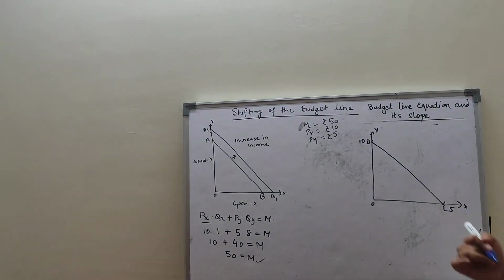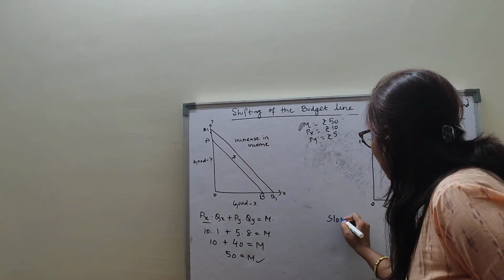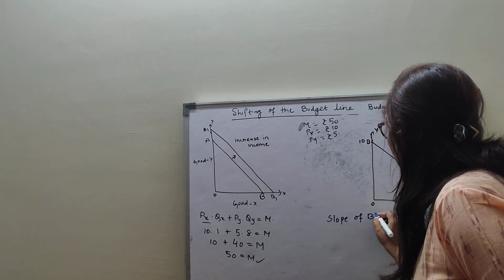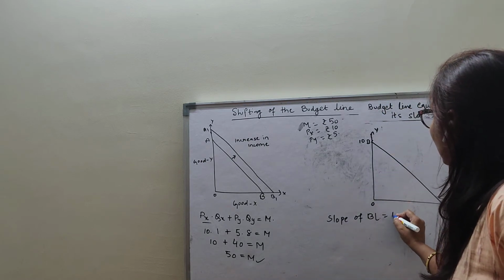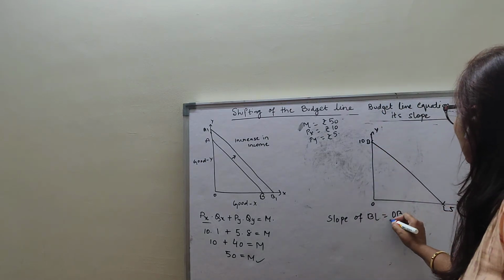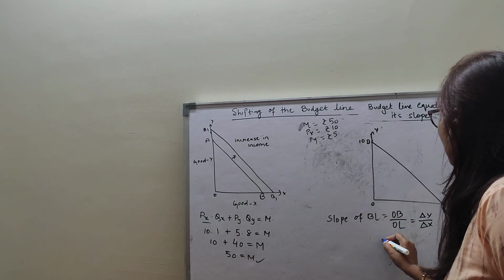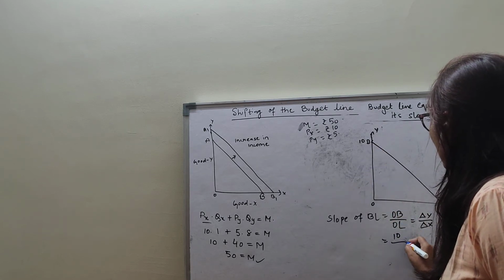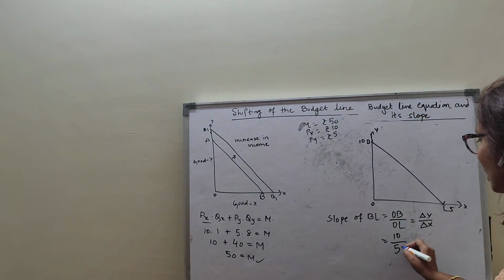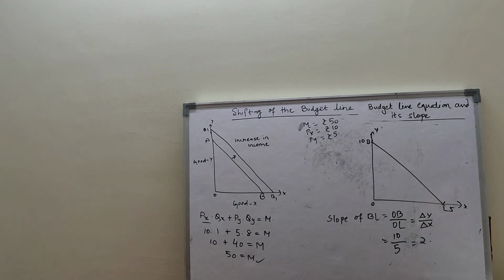So slope of BL is equal to OB by OL. It is the change in y by change in x. Isn't it? OB is 10, the value has been given to you, and the OL value is given to you. So that means it is 2. Clear? OB by OL, so change in y by change in x, so 10 by 5 is 2. The value of the slope is 2.